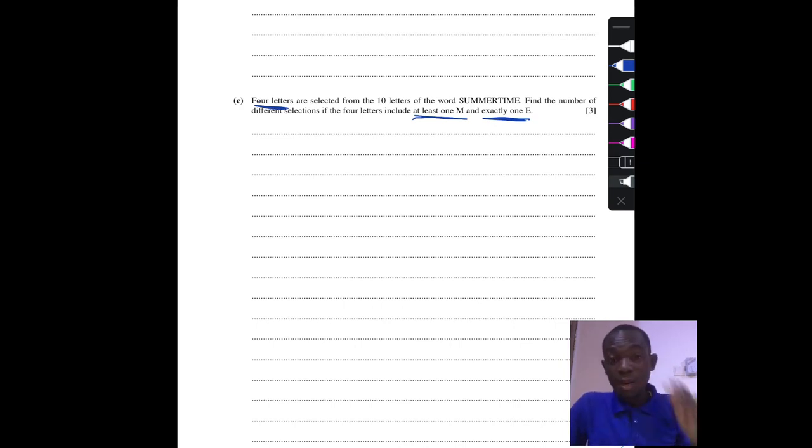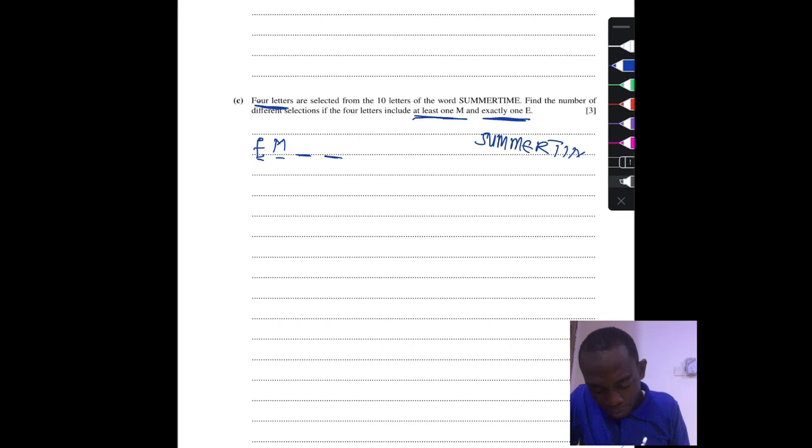So since it has exactly one E, let's start with when it has one E, one M. Okay, so that is E starts. Okay, and then let's put the M there. There's 4 letters, so we have 2 more slots to fill. But that's how I like to do it. I'll write summertime, summer time, and then I'll just cancel out the ones I don't need.